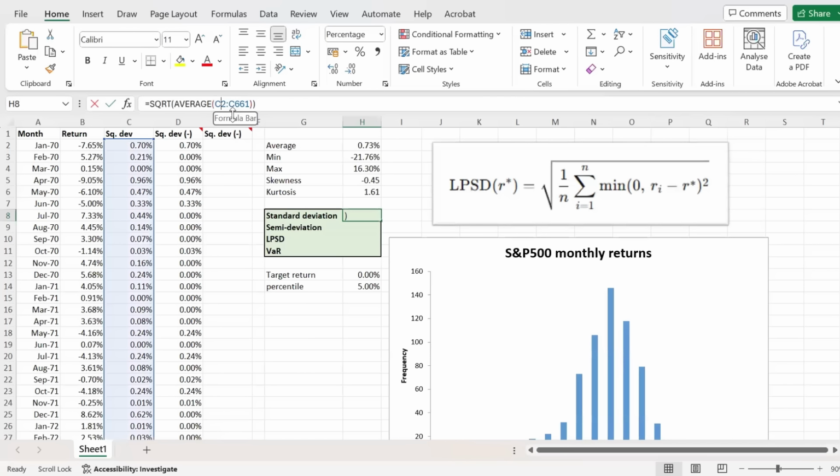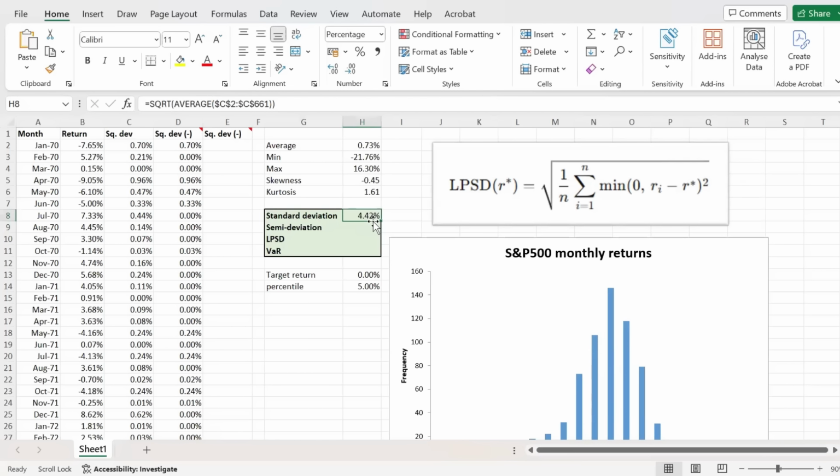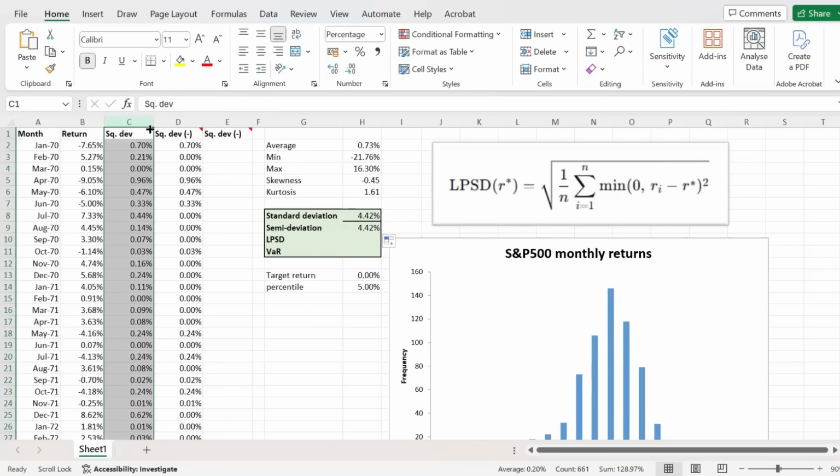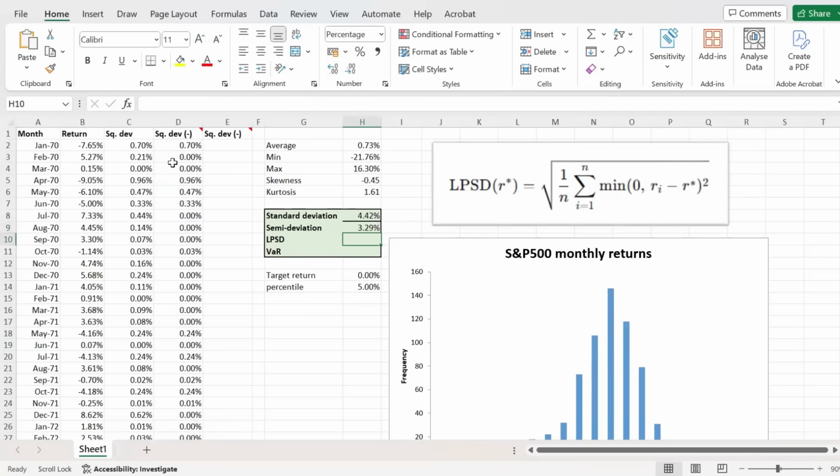So let me actually fix this as well. Okay. So I'm going to pull this down, but instead of column C, which is squared deviations, both positive and negative, I'm going to focus only on the negative ones. So let's see what we get.